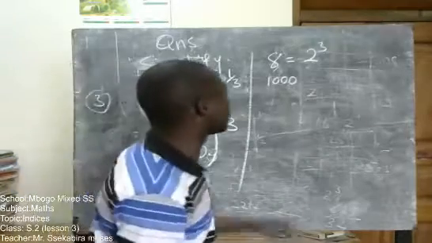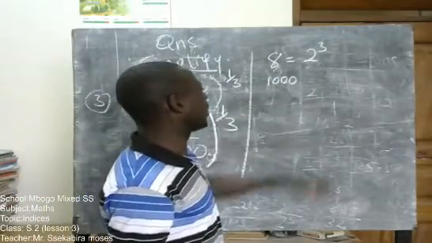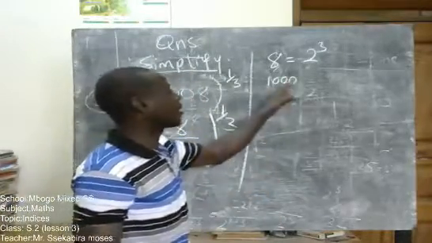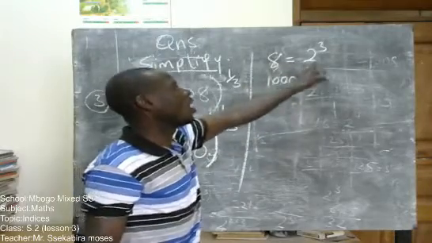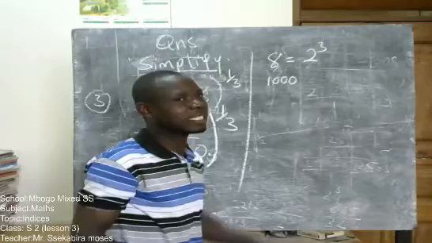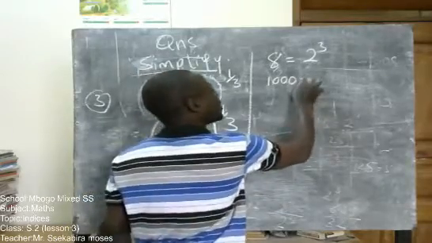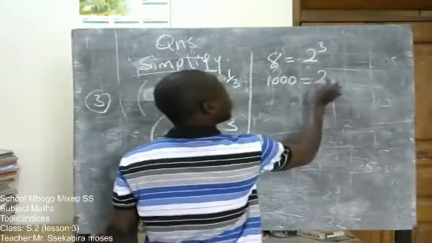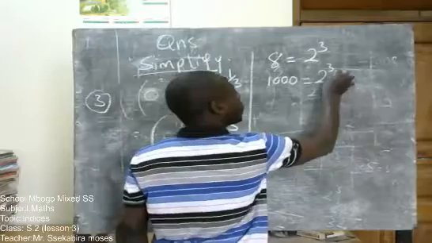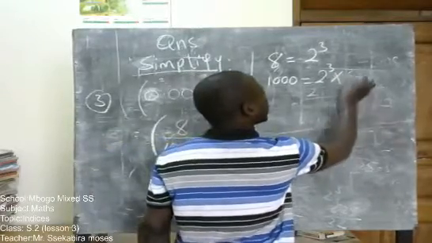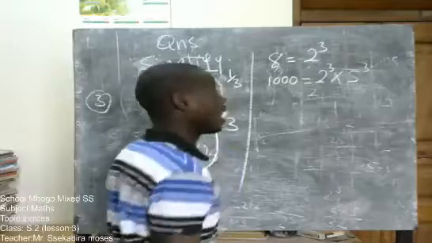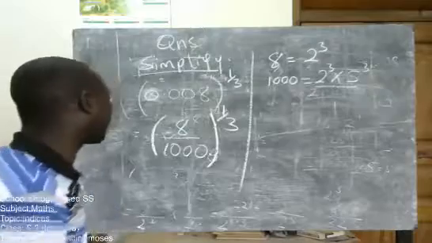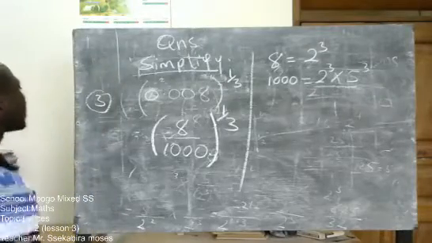During your free time, go back to senior 1 and at least we know we use ladder methods. Use ladder methods such that you can show how you get 2 to power 3 from this. Then 1000 as a product of prime factors, we are going to get 2 to power 3 times 5 to power 3.